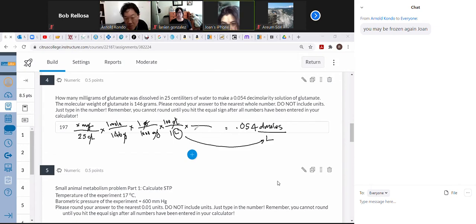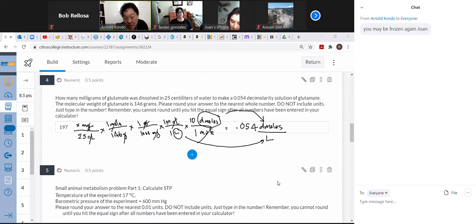If you want to cancel out the moles, what has to be down here, Joan? A mole. Yeah, a mole has to be down here. So the moles cancel. So what should be up here then? The decimals, because now decimals is isolated. So now you set it up. And now what numbers go in front of each of these units? 10. Yep, 10. And then 1. There you go. So now you've set it up properly.